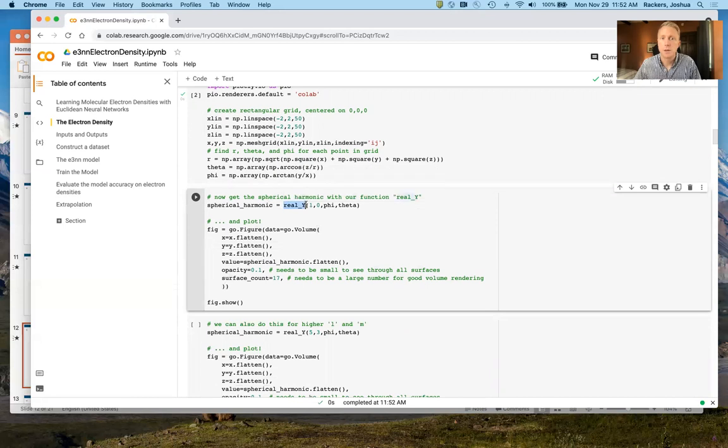So this real y is the real spherical harmonics. It's a utility function that we imported from this utils.py file. And so let's plot what one of these spherical harmonics looks like. For instance, this is the spherical harmonic with L equals 1, M equals 0.